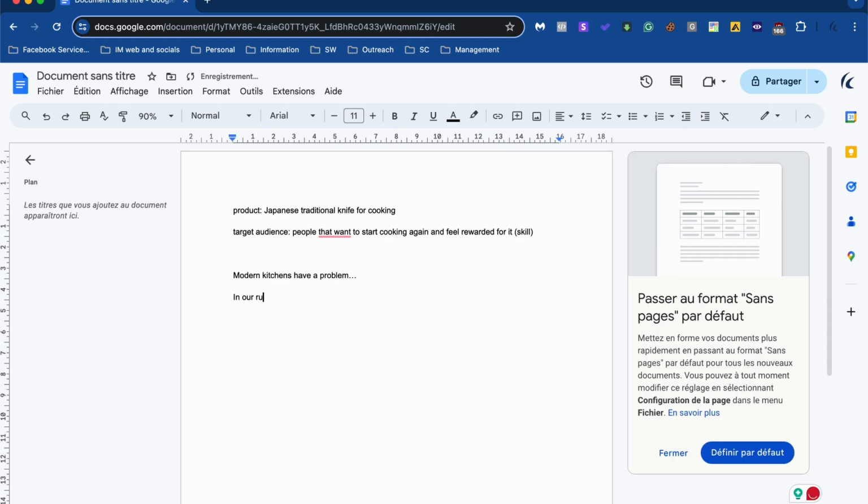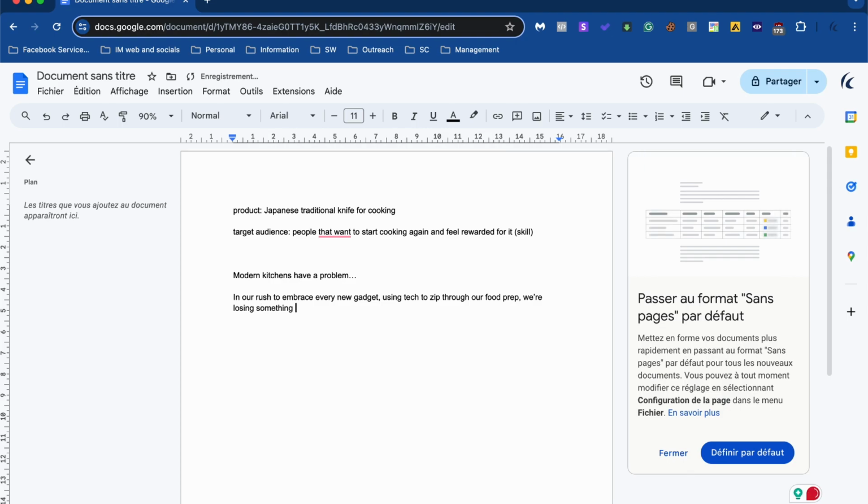"So in our rush to embrace every new gadget, using tech to zip through our food prep, we are losing something critical."